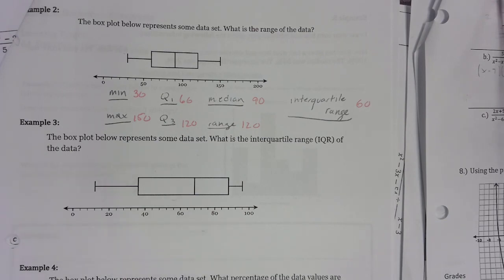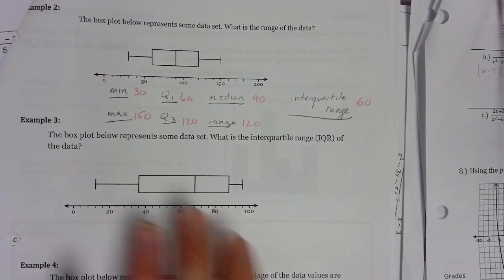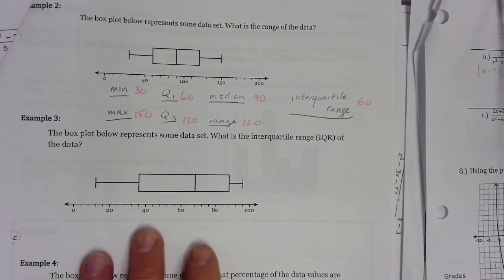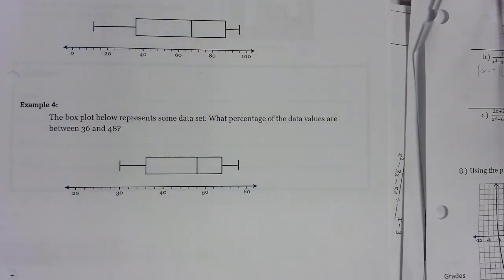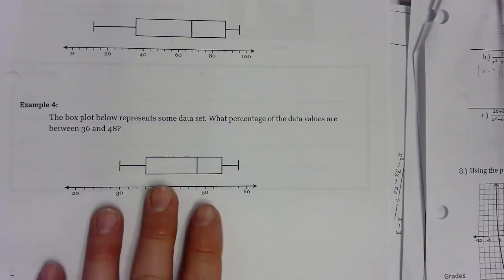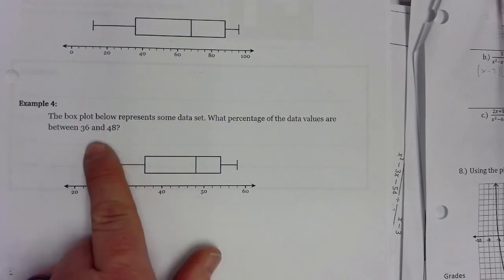The box plot below represents some of the data set. What percentage of the data are between 36, so again 36 is right here, and 48? What percentage of the data is between those 2 numbers? Divide 36 and 48, and I got 66%.